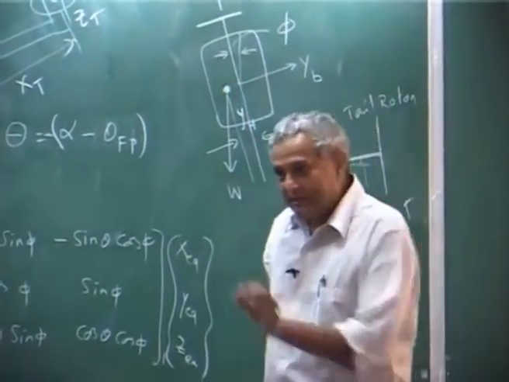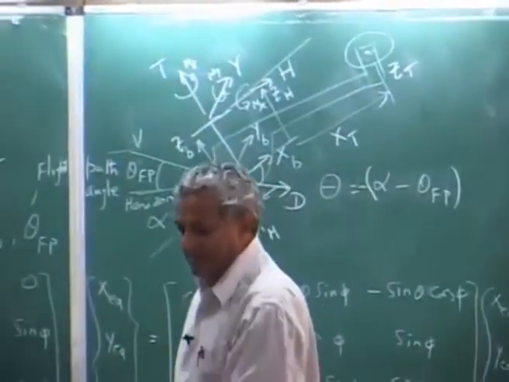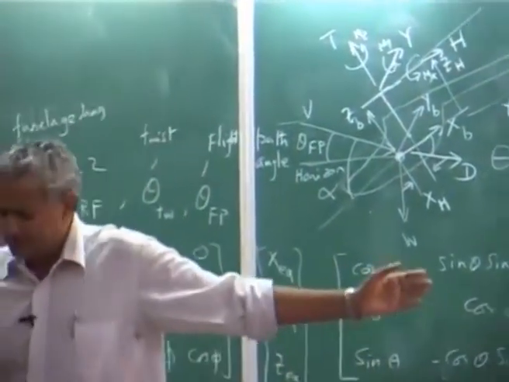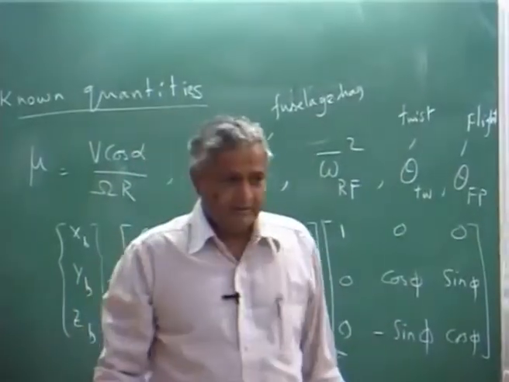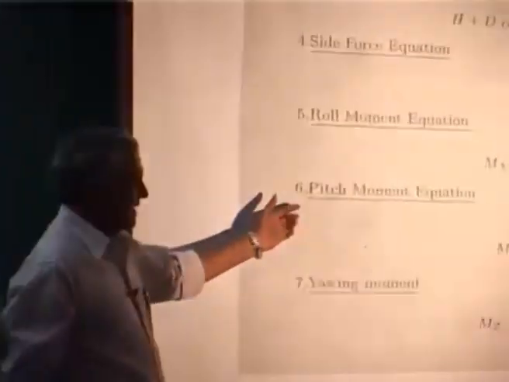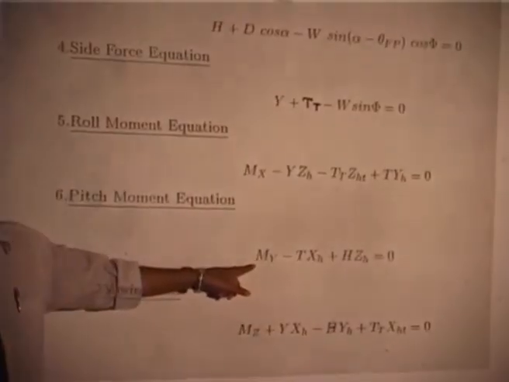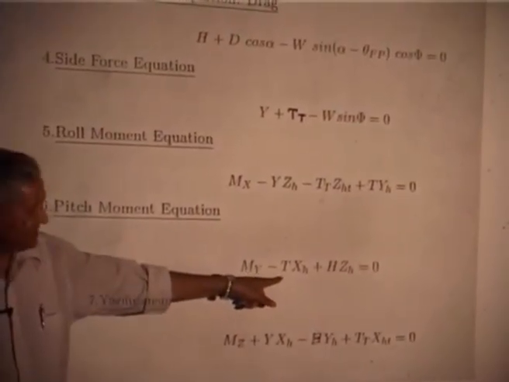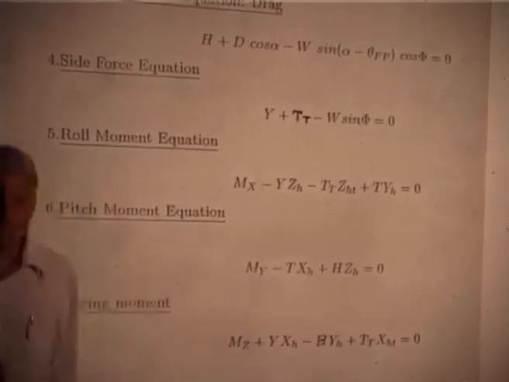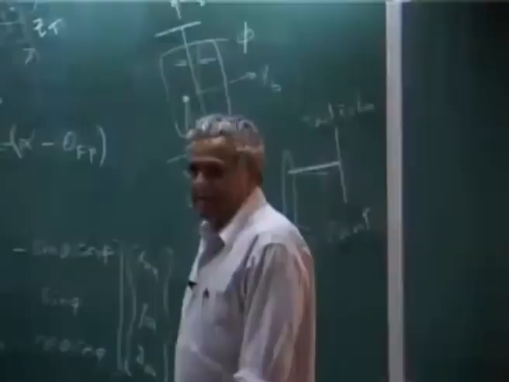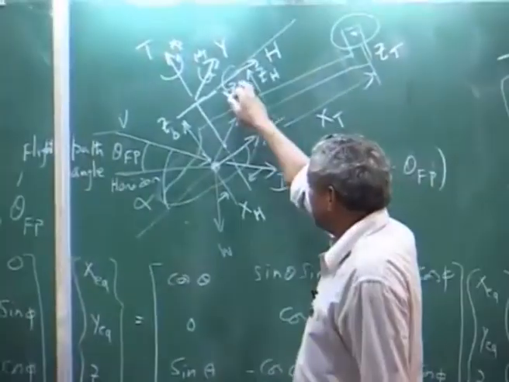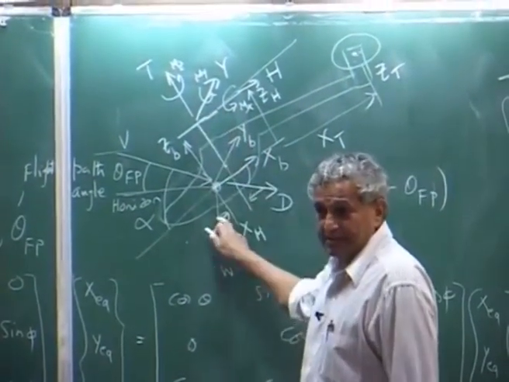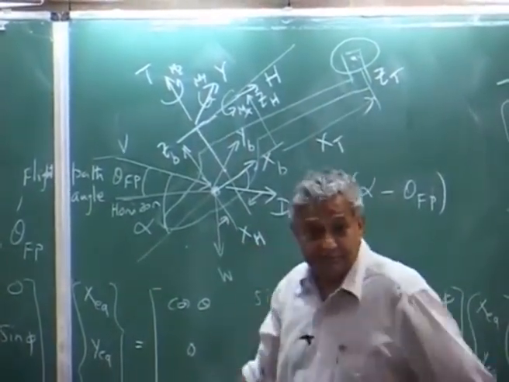If the CG is not on the longitudinal line, I will send you these things, this is just for explanation. Then you have the pitch moment, again from the rotor hub, due to thrust, and due to the side force, the longitudinal force will give it, and for the tail rotor I have taken nothing.